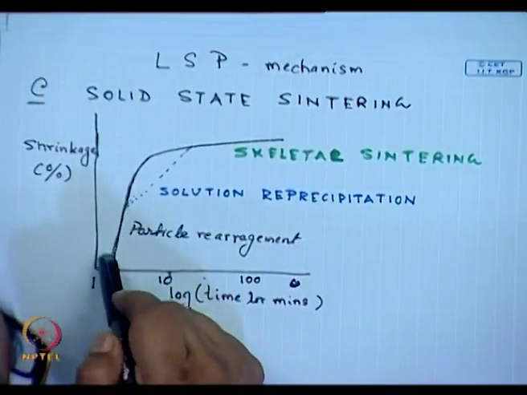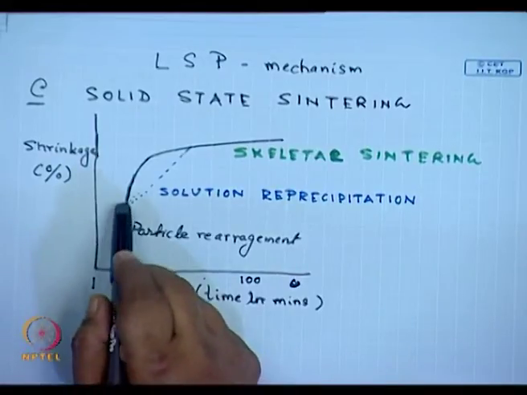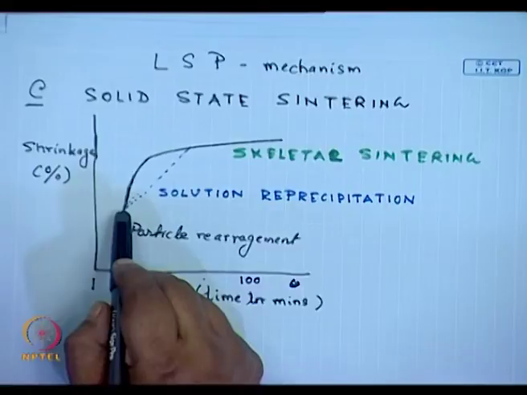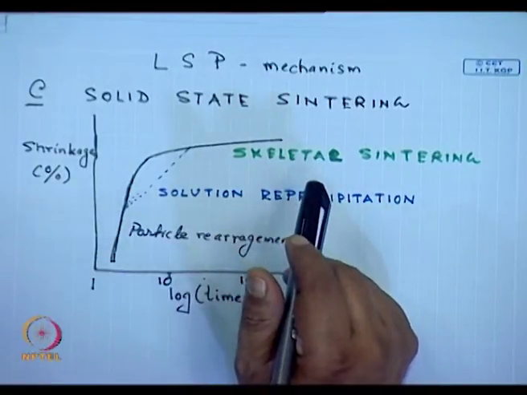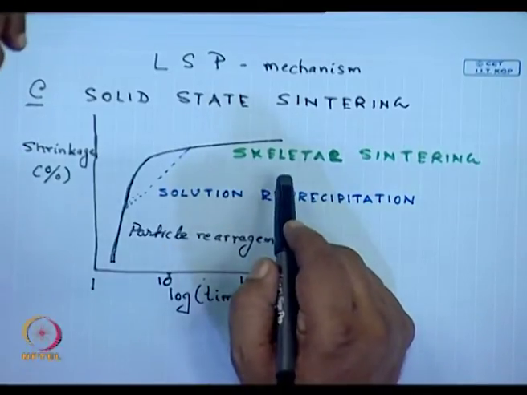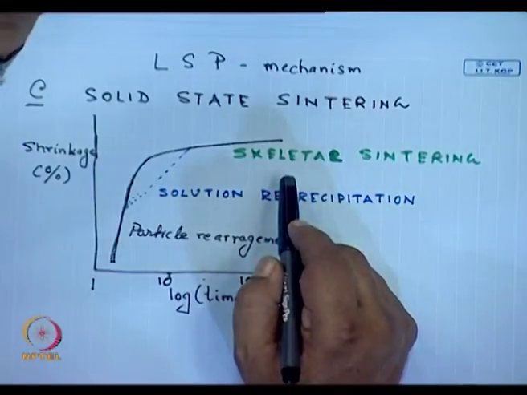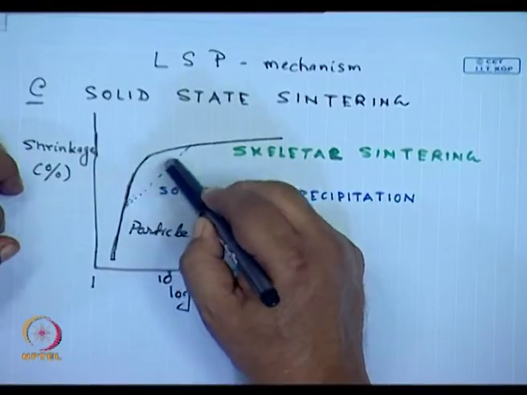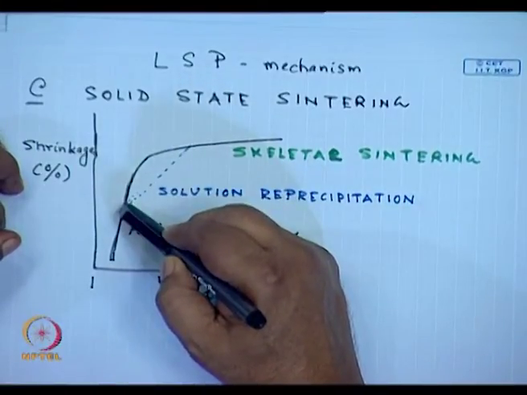And this is exactly shown over here. This is the stage of particle rearrangement whence the large shrinkage occurs. I had talked of the liquid eating the grains, preparing a solution, and the solute being reprecipitated elsewhere. This is the solution reprecipitation zone.